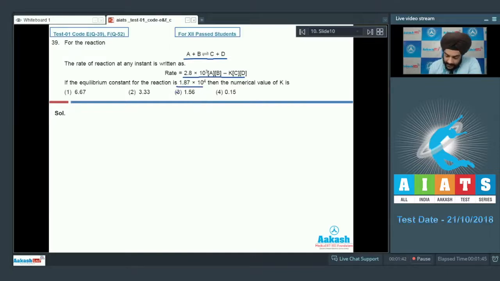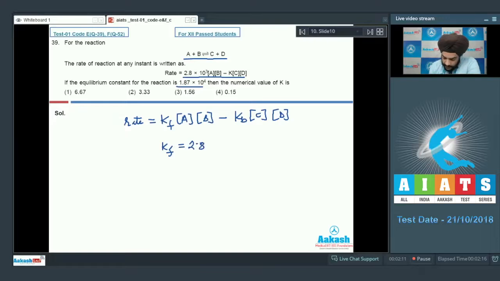So students, the rate of an equilibrium reaction can be written as rate equal to Kf into concentration of A into concentration of B minus Kb into concentration of C into concentration of D. So if we compare the rate to the expression given above, we see that the value of Kf is equal to 2.8 into 10 to the power 3 and the value of Kb is equal to K, which we have to find out.